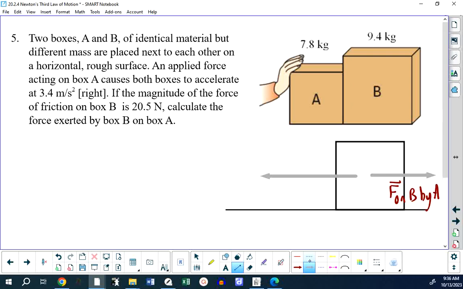That's an unbalanced force to the left, which means that this is smaller than this force. I don't really care how much smaller it is. We can't tell yet. We have to do some calculations to determine that. So it doesn't really matter. But we do know that this opposing force of friction, and I can write F friction here, we use FF for F friction, is 20.5 newtons in magnitude.